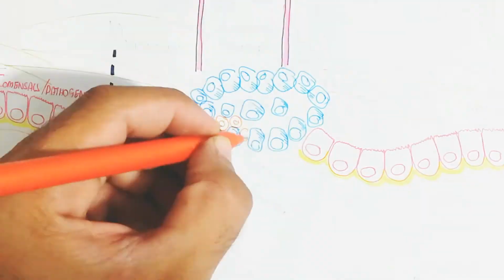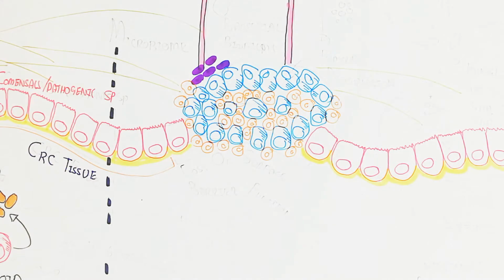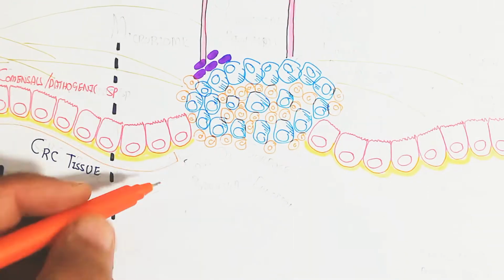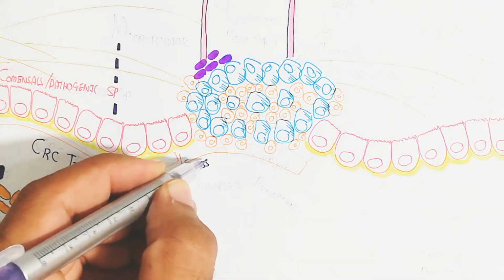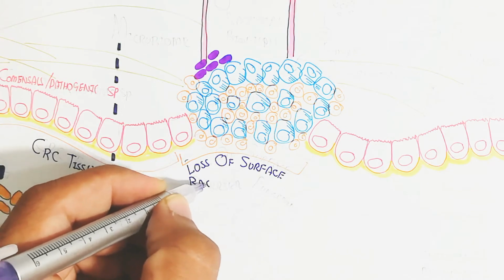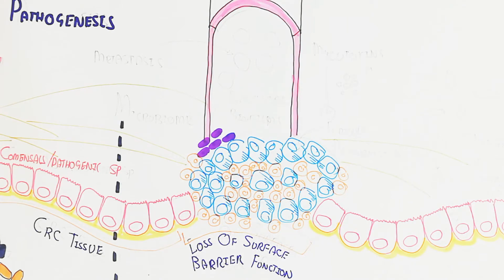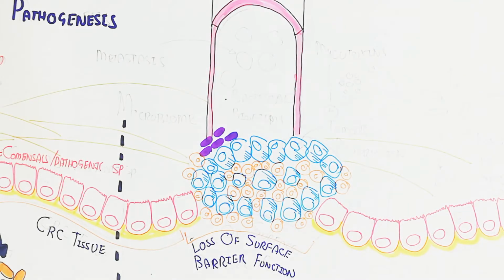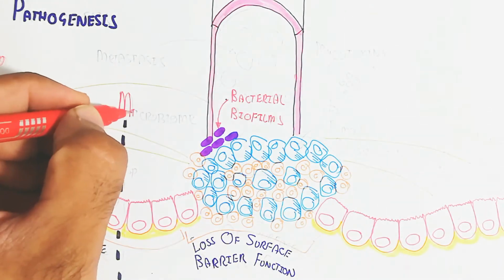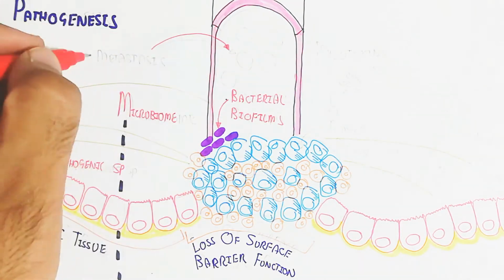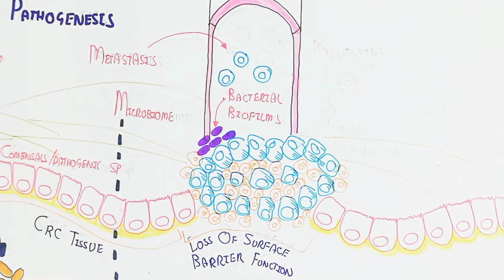and 22 and 23. After this, the progression of the loss of surface barrier function will lead to epithelial tumor formation. This tumor is coated with a bacterial biofilm, and in this way the cells of different sizes will divide unequally, changing the cell structure and the cell function, no longer like an epithelial cell, because the DNA will be damaged. And here you can see the metastasis, stage 4, will occur.